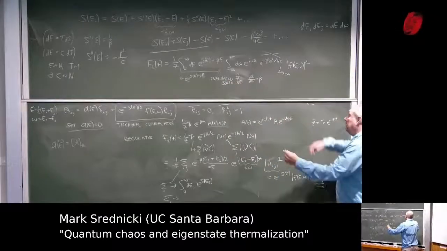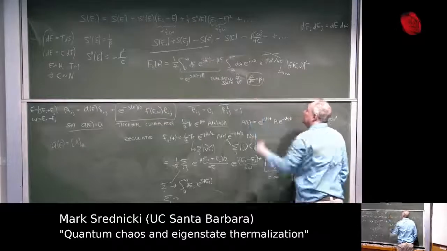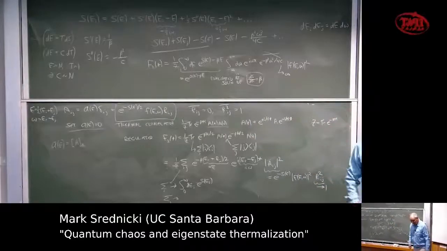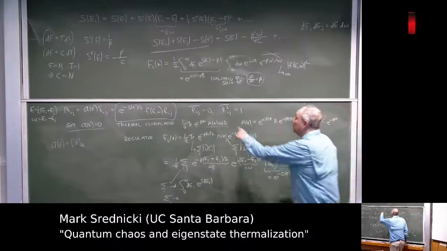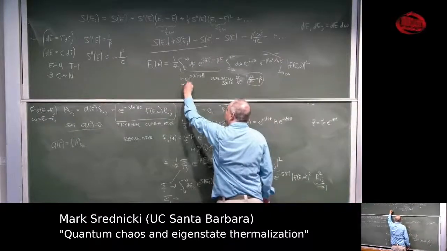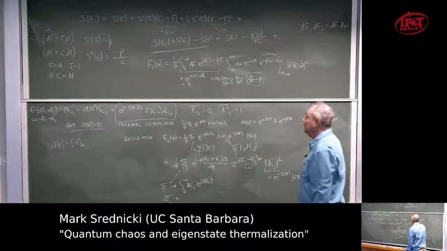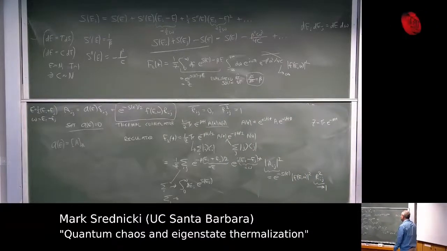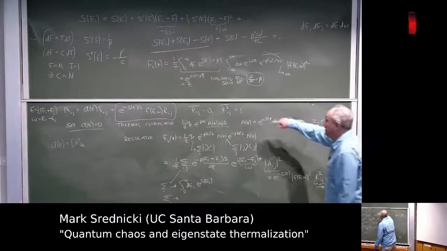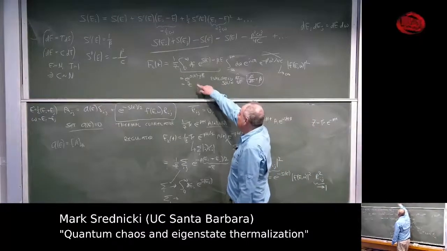But the solution of this is just the thermodynamic relation between energy and temperature. And furthermore, in this same approximation, this is just the partition function. Right? Trace e to the minus beta h, with the trace written as an energy integral.